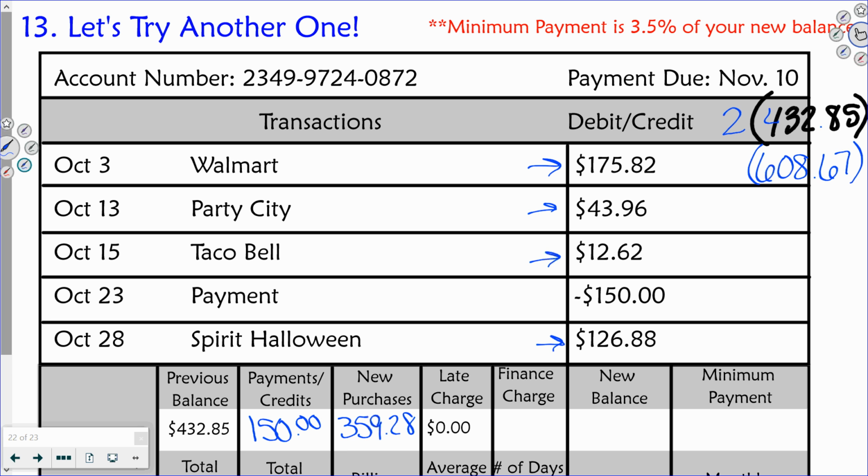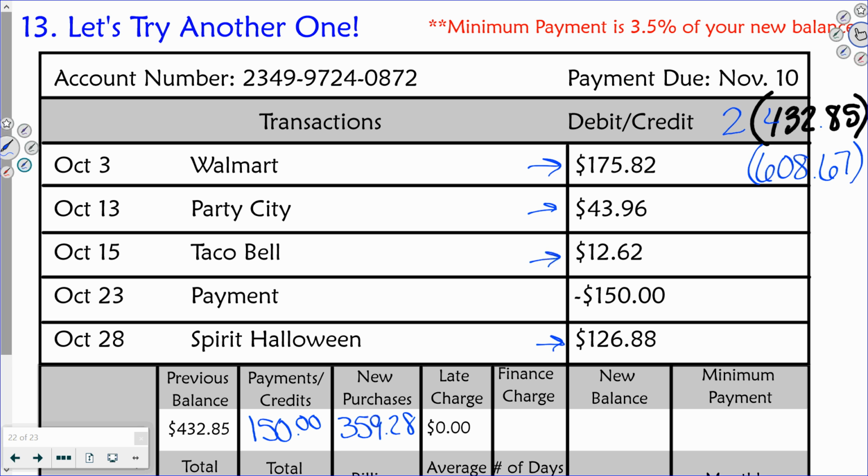Okay, how many days did it sit there? All right, so hold on. Which day do you start on? Which day did it change? The 3rd. That's the first day it changed, the 3rd. So 3rd, 4th, 5th, 6th, 7th, 8th, 9th, 10th, 11th, 12th, 13th?